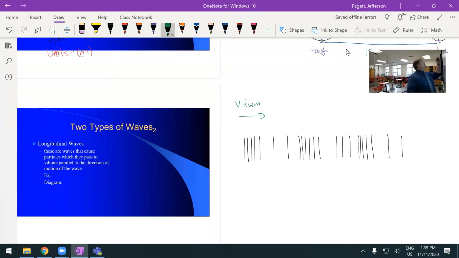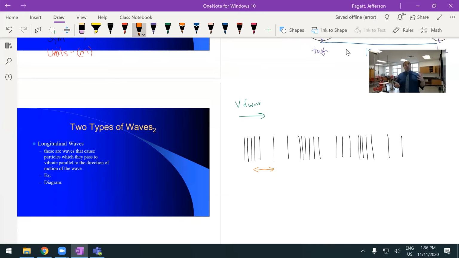But now my particles are going to vibrate parallel to the direction of motion. So as my wave travels from left to right, the particles are actually going to vibrate like this as it goes along.